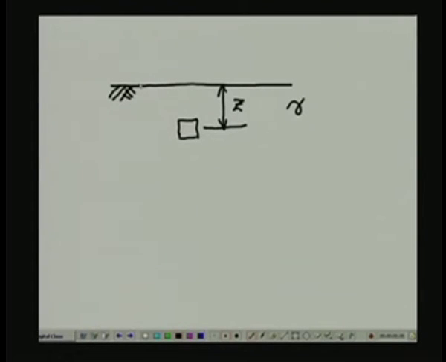Now let's say we have got an element at some depth below the ground, and the depth in this case is Z, and the total unit weight of the soil, let's consider the soil to be homogeneous, the total unit weight of the soil is gamma, and let's say originally the groundwater table was at surface, and after a while the water table has gone down to great depth.